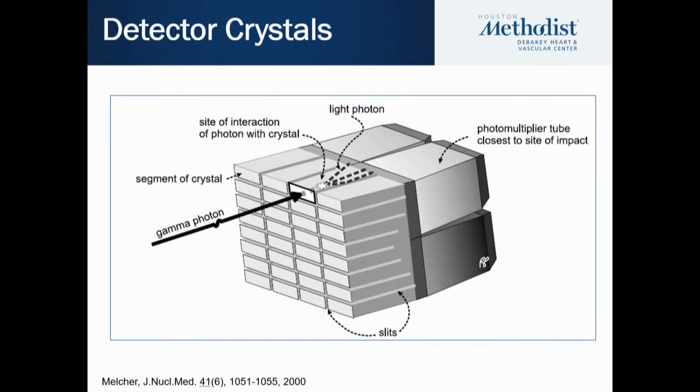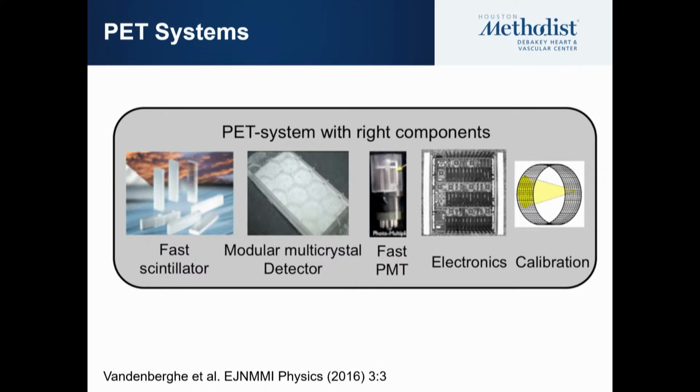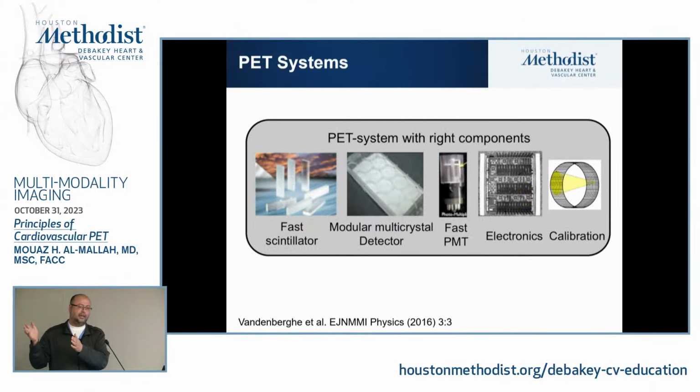So a machine will have the scintillator or the detector, the photomultiplier tube, and then the electronics. Same concept with SPECT, same concept with the receiving end of CT, and same concept with PET. You have the crystal that will get the photon, then it will go into a photomultiplier tube to get amplified, and then you send it to the electronics for processing.